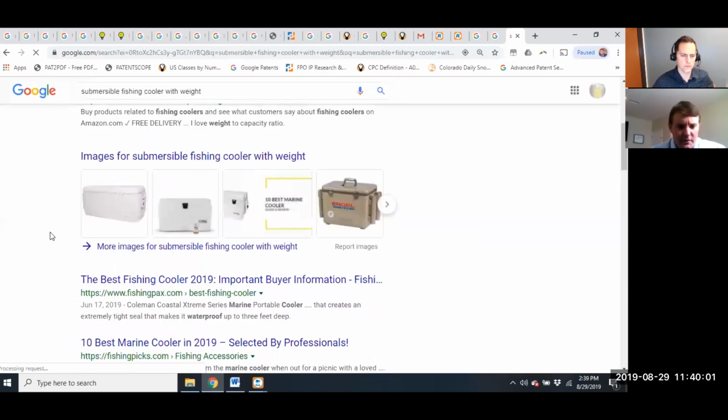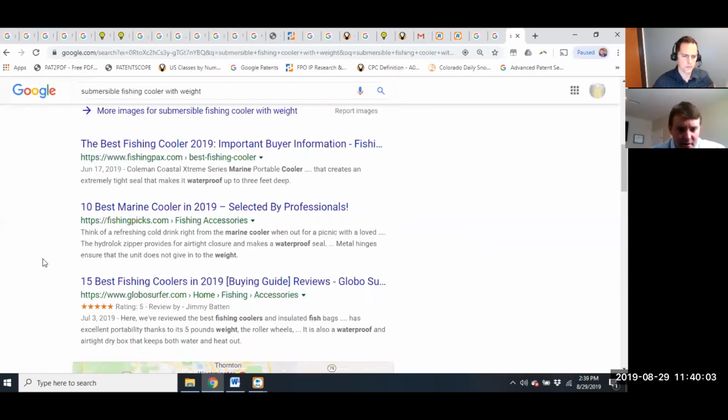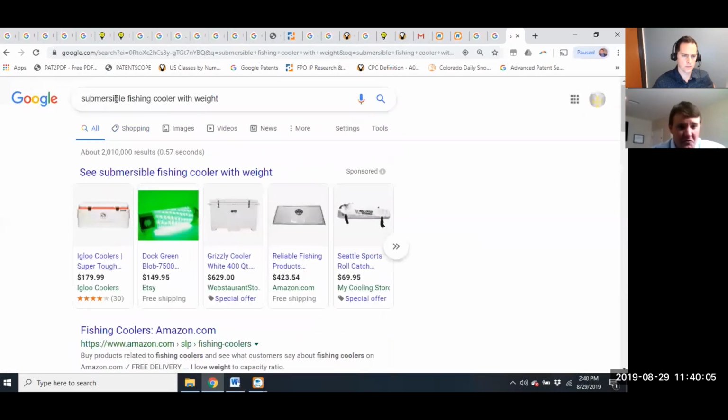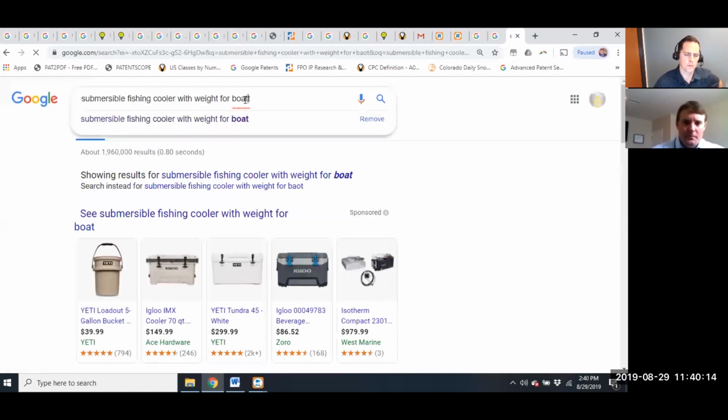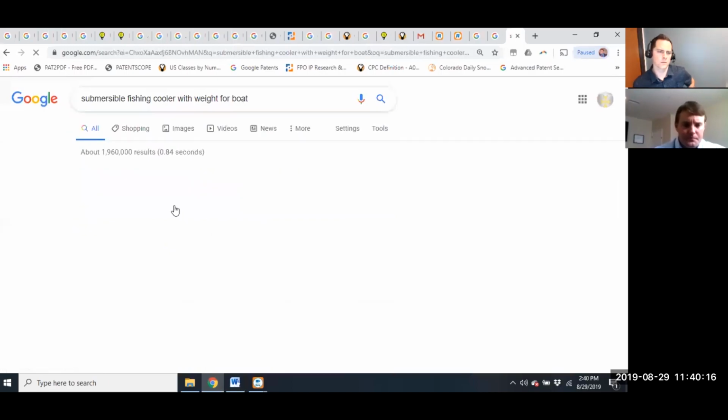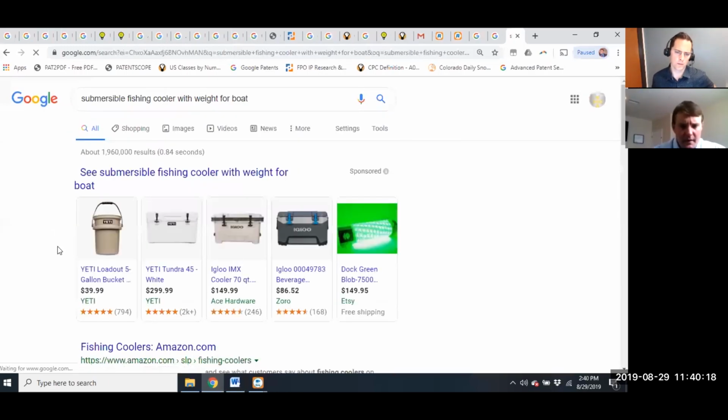I look through, trying to find something here. Maybe submersible fishing cooler isn't good. We're not getting the answer that I want.